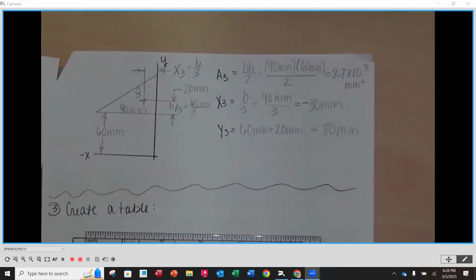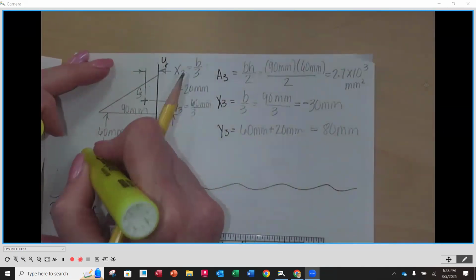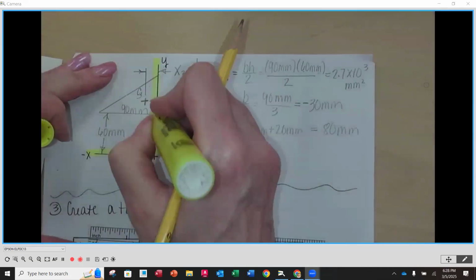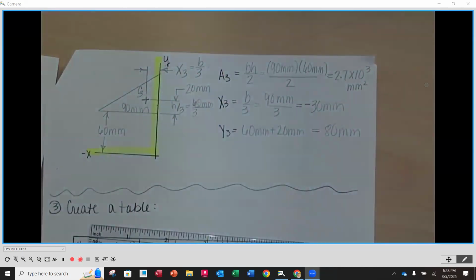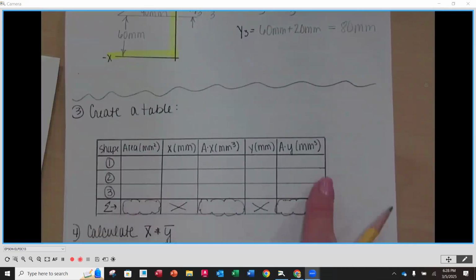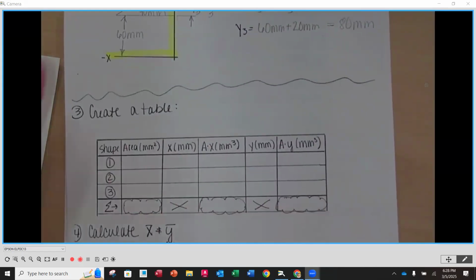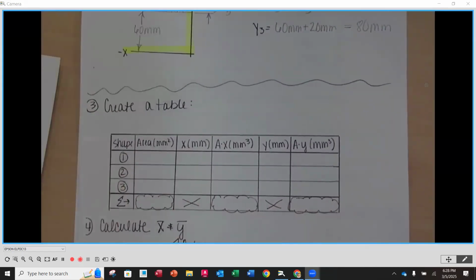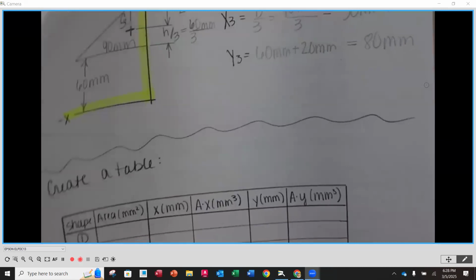So again, area, X and Y for each one of the individual shapes, and those X's and Y's are measured from the reference axis. Now that we have our 3 shapes and we have all the data collected, we now can fill in our chart. So go ahead and do that for the information that we gathered for each one of these shapes.